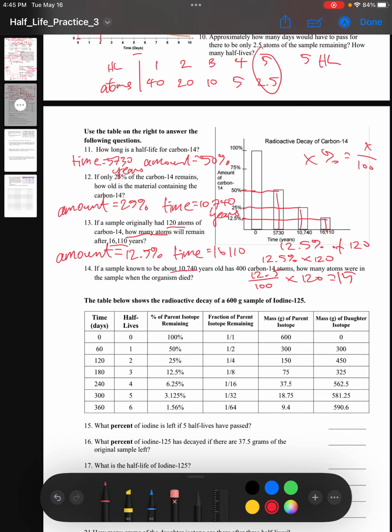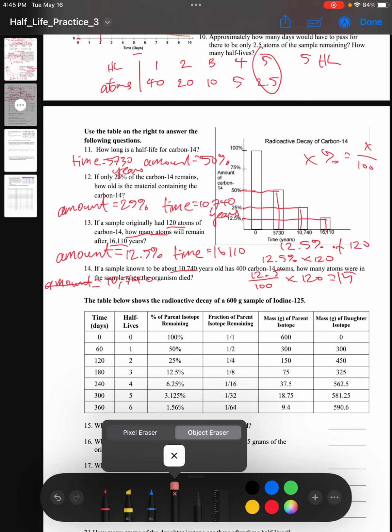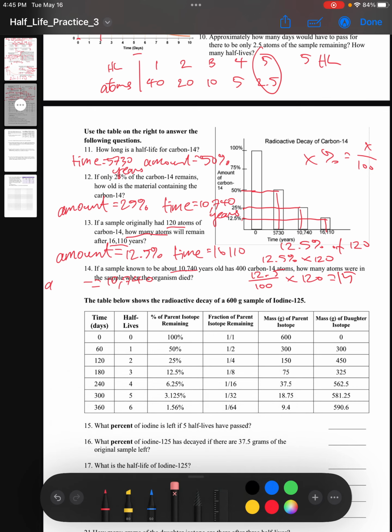So when the time equals 10,740 years, that is an amount of what? 10,740, that goes with 25%.